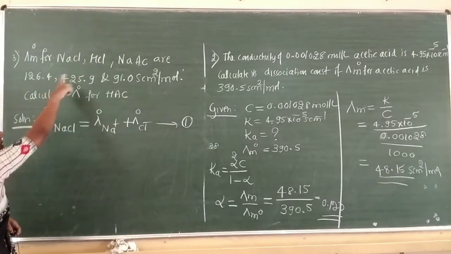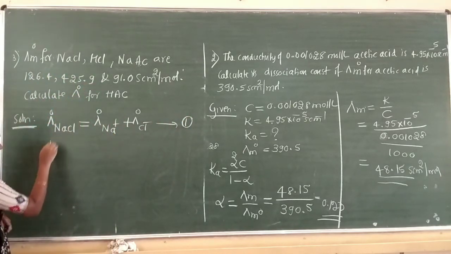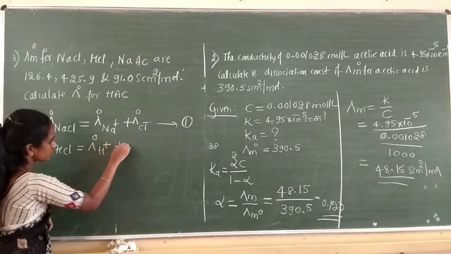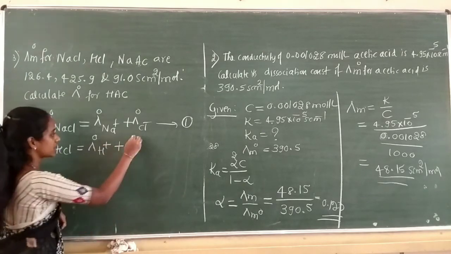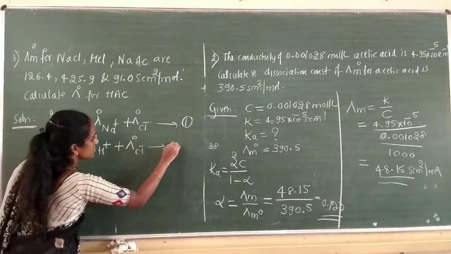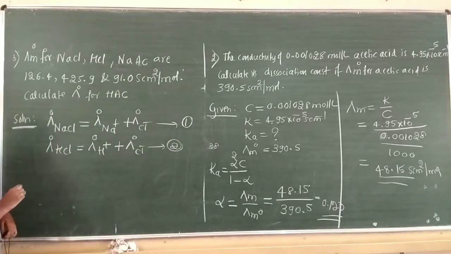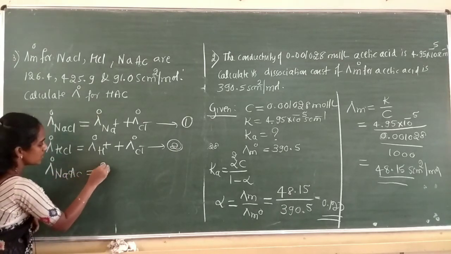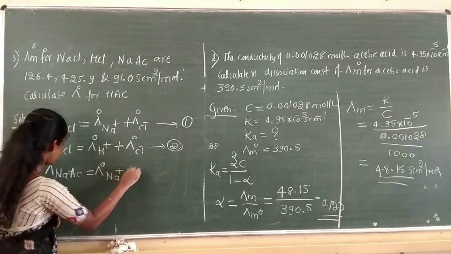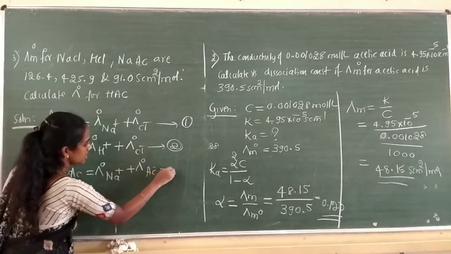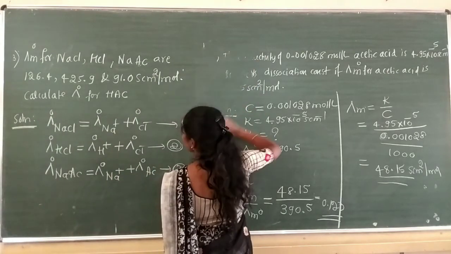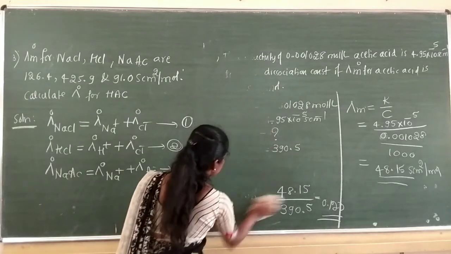The next is the limiting molar conductivity of HCl, which is equal to the summation of limiting molar conductivity of H plus and Cl minus. Let it be equation 2. And the third equation is given for sodium acetate NaAc, which is equal to the limiting molar conductivity of sodium ion plus acetate ion, equation 3.